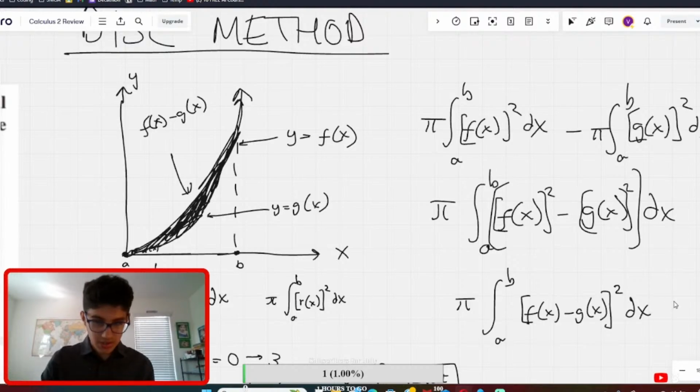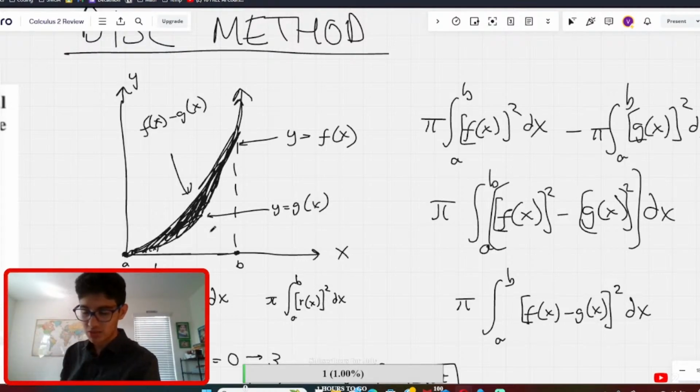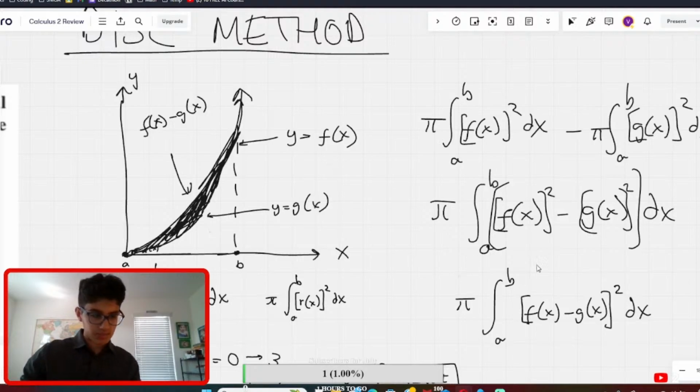This is what I used to think, and it's wrong. I'm not sure why it's wrong, but it is wrong. I can't really explain why. There's probably a pretty obvious reason for it. It's kind of like x cubed minus 1 isn't the same thing as x minus 1 cubed, right? Similar to that, you can't do this.